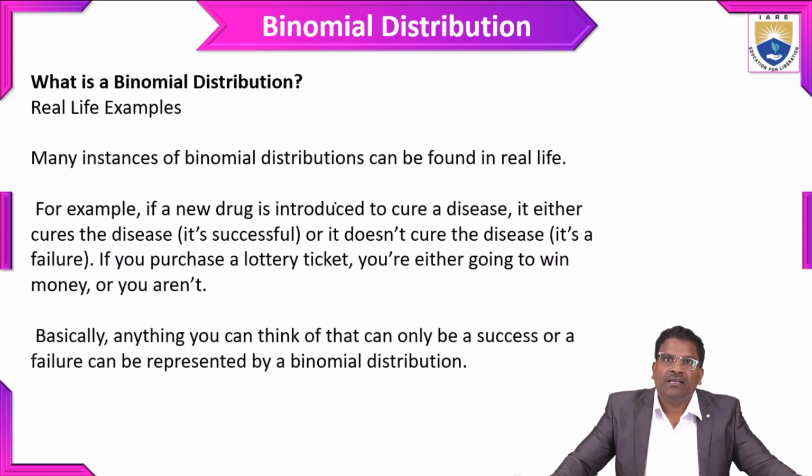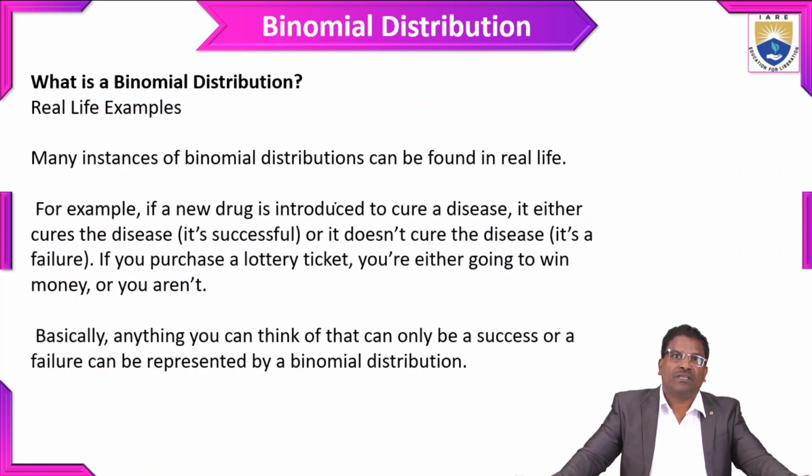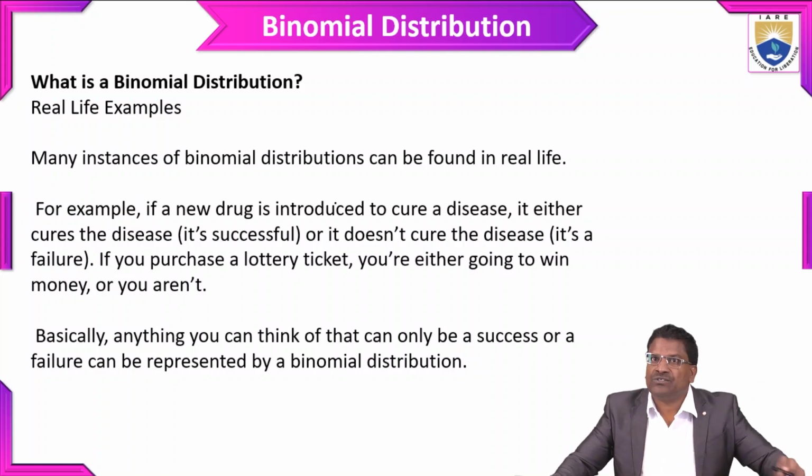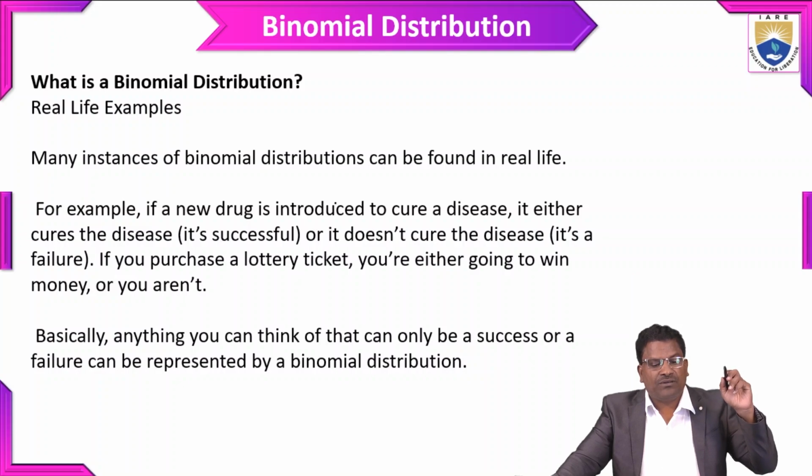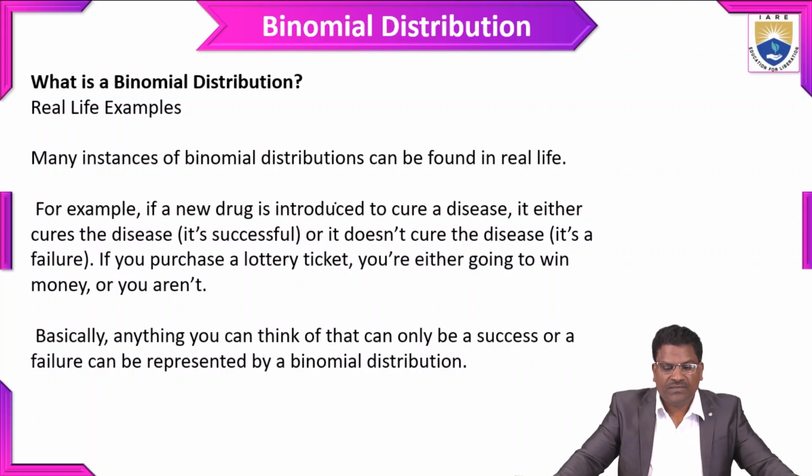Now, mathematically, let us define the binomial distribution using real life examples. Many instances of binomial distributions can be found in real life. For example, if a new drug is introduced to cure a disease, it either cures the disease, it is a success, or it doesn't cure the disease, it is a failure.